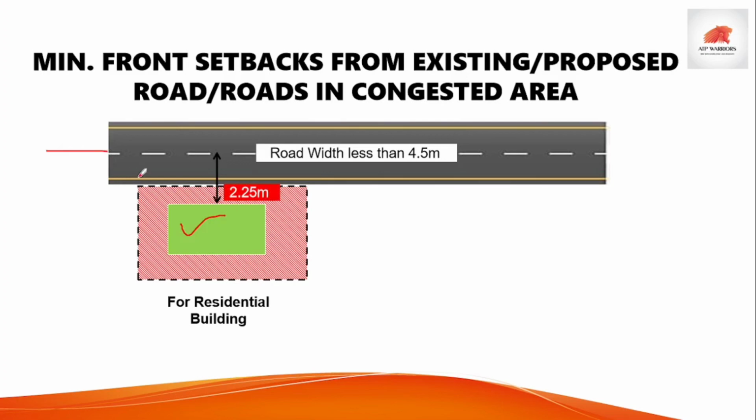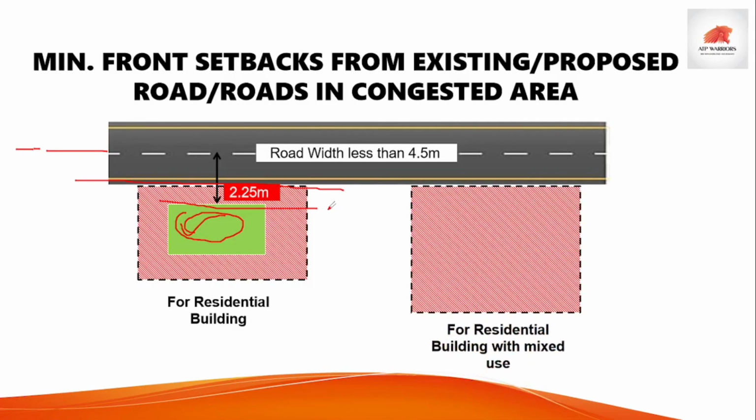Means if your plot is facing this road, from the center of the road it is 2.25 meter away. You can only construct from this point. That is the front setback, we can say.